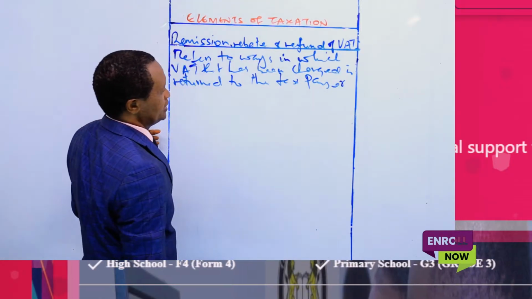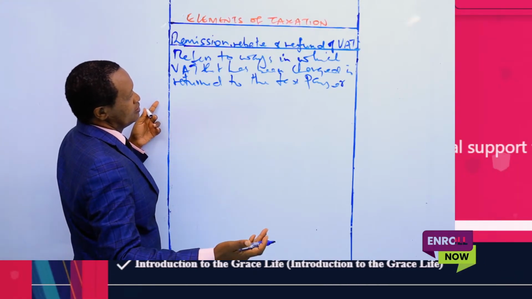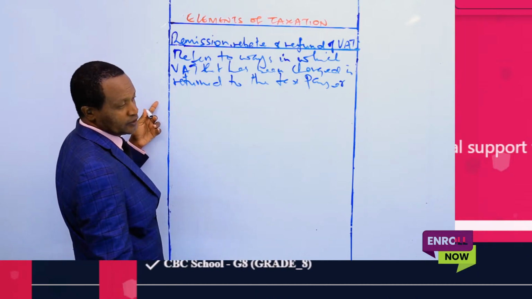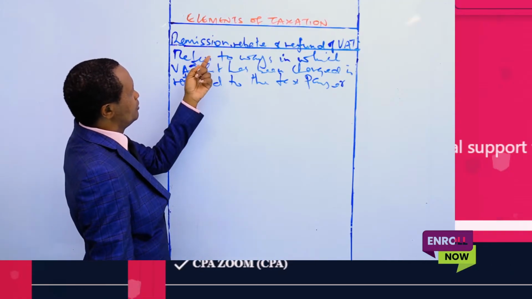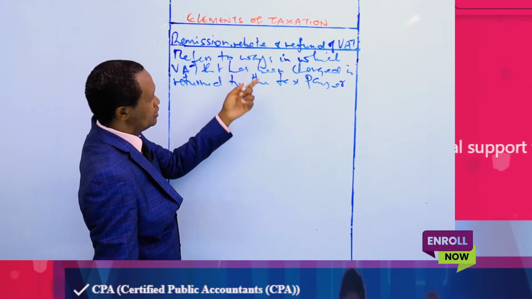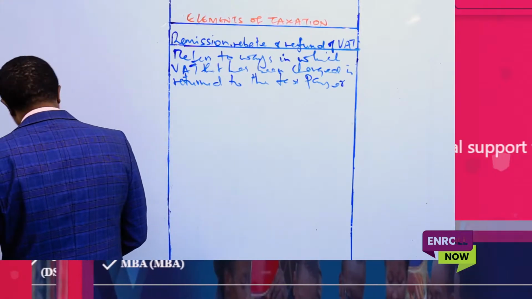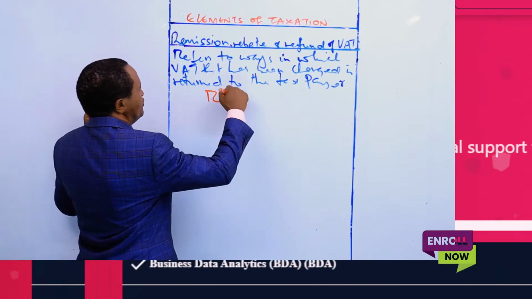So the idea is the same, returning VAT that has been charged to the taxpayer. This can be done through remission, rebate, or refund.